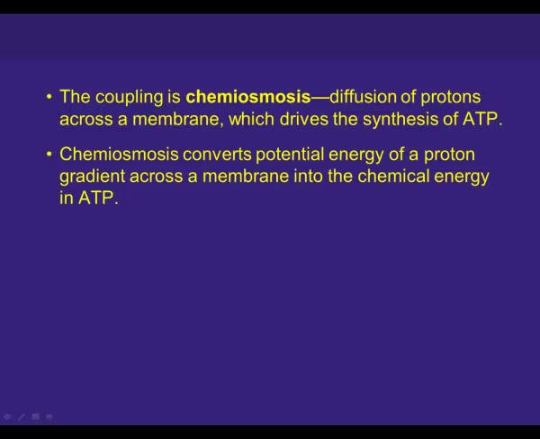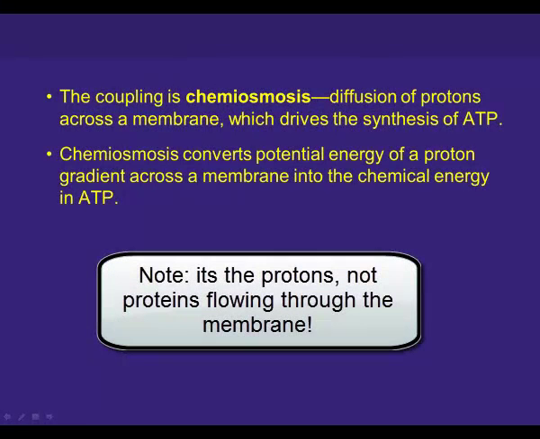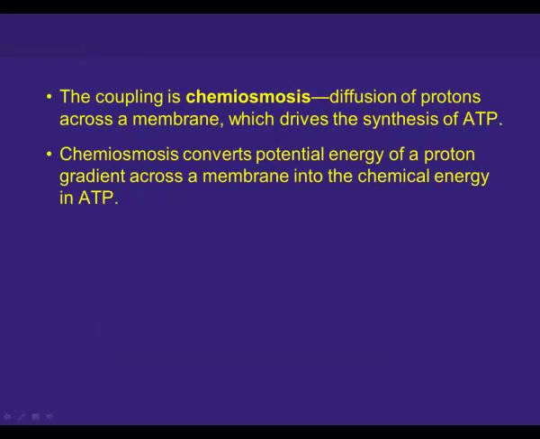So what's happening during chemiosmosis is that potential energy in the form of what we call a proton gradient ends up stored as chemical energy in ATP. So think of it this way, as water turning the turbines of a dam. The protons are flowing through the membrane, through a special protein system, which we'll talk about later, and they're turning the turbines of an enzyme that makes ATP.